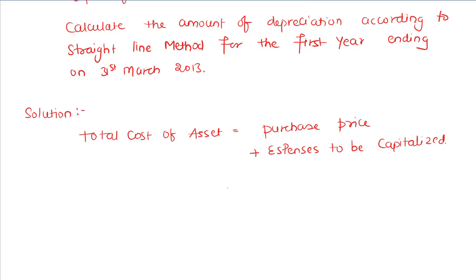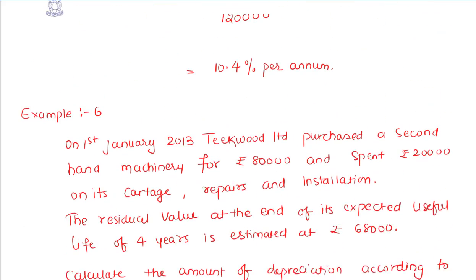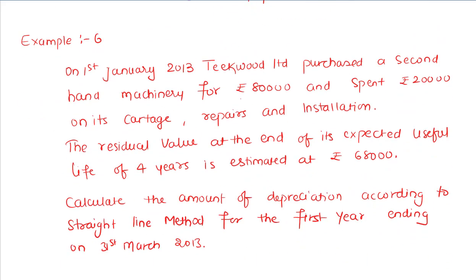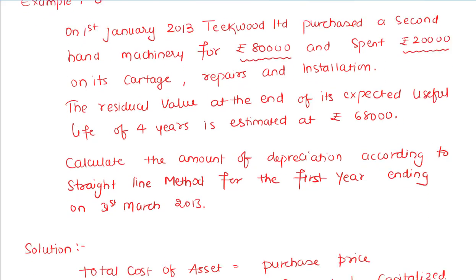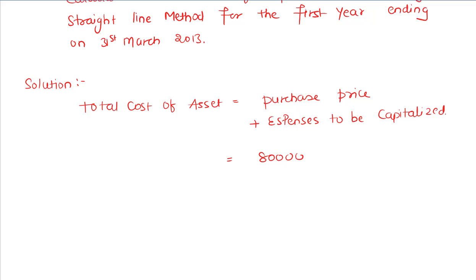Over here the purchase price of the machinery is 80,000 and 20,000 we have incurred on repair, installation and cartage, and these costs need to be capitalized. So 80,000 plus 20,000 equals rupees 1 lakh.